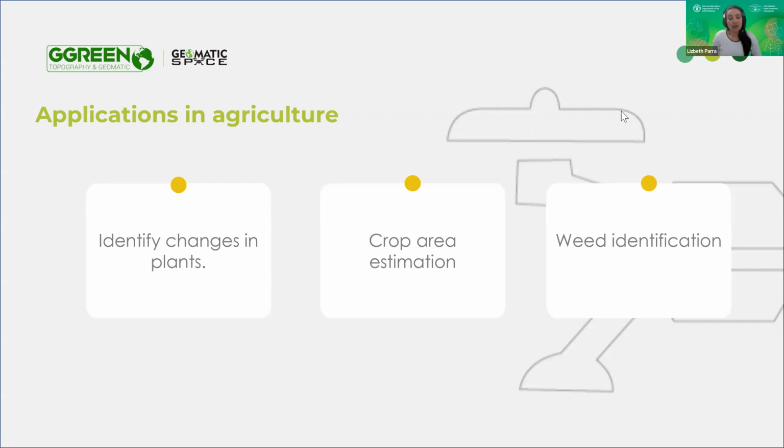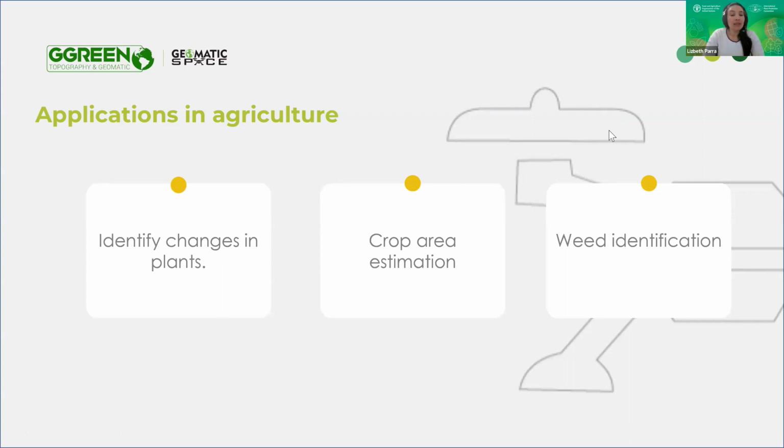La teledetección tiene una amplia gama de usos en agricultura. Dentro de estas aplicaciones está la identificación de cambios en las plantas. ¿Qué cambios? Cambios en los pigmentos como clorofila, cambios en el vigor, identificación de ausencia de plantas en el campo o pérdida de las mismas.